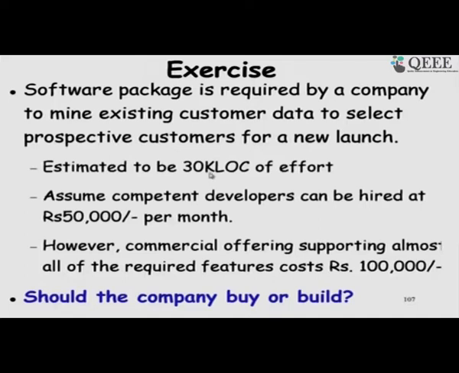And for organic software, if you remember, the expression for effort is given in terms of the size. So, 30 is the kilo lines of code. So, 2.4 into 30 to the power 1.05 roughly works out to be 76 or something.